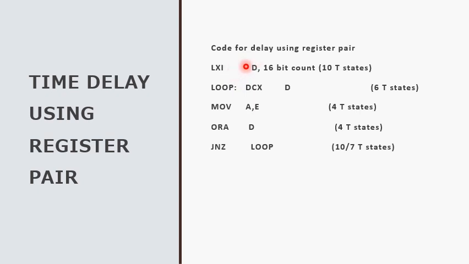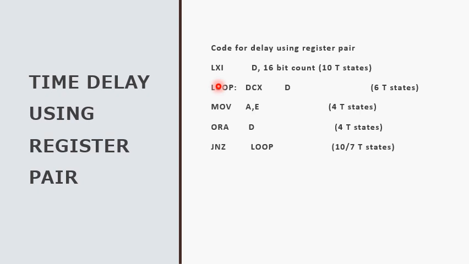In order to make the OR operation, the E register content is moved to the accumulator in the second line. Then we do a logical OR between D and the A register. If both registers contain 0, then only the 0 flag will be set, which is the needed condition for us.